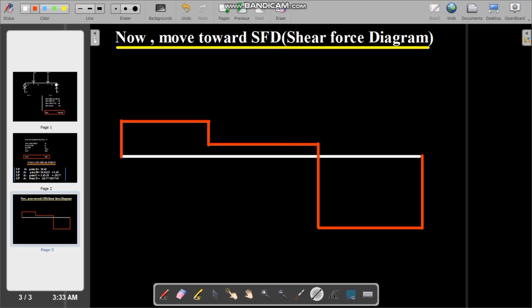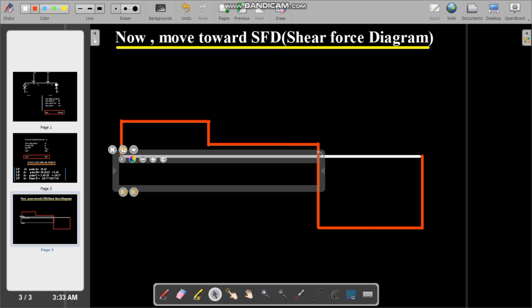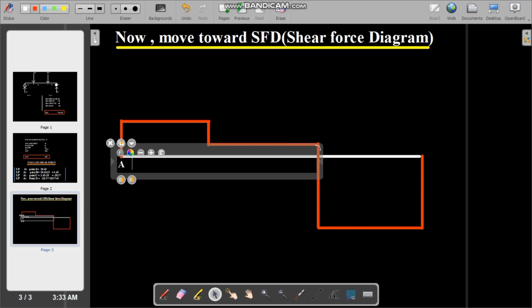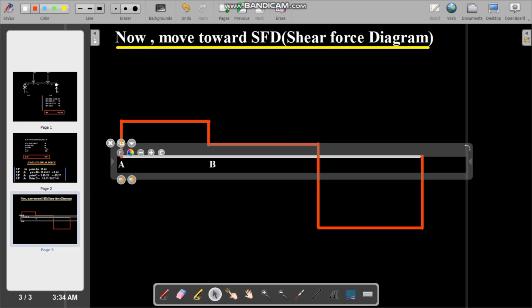Minus 18.57, it's downward, toward the minus, and we draw it and connect with the 0, because the last point is 0. As I already said, if your answer at the last point is 0, your shear force numerical or process is correct, and you have to do it by seeing this numerical.